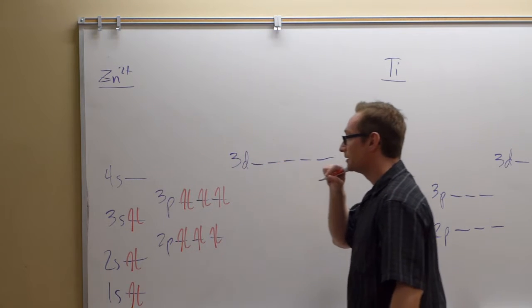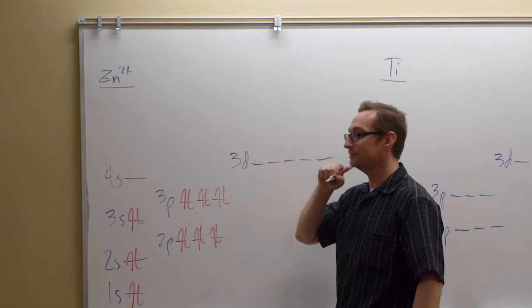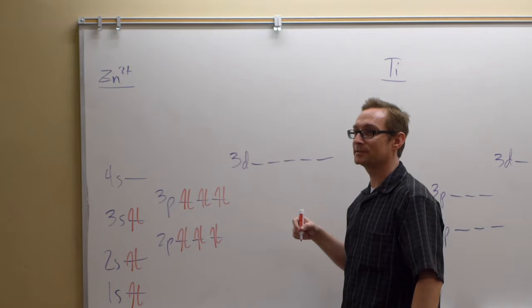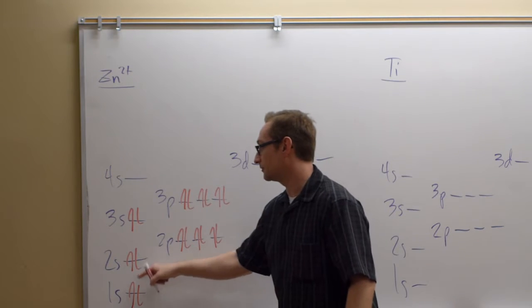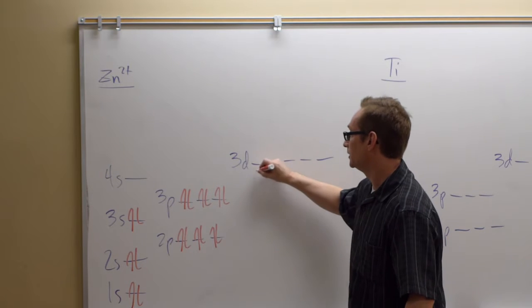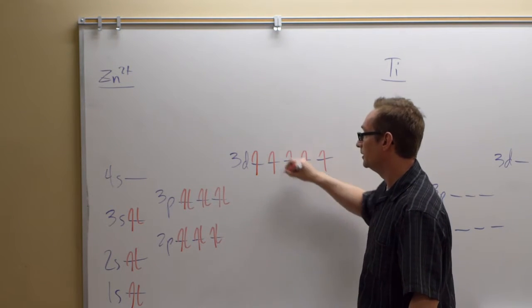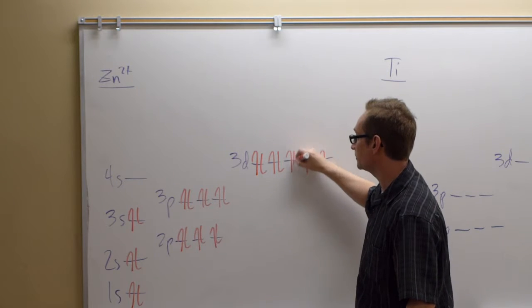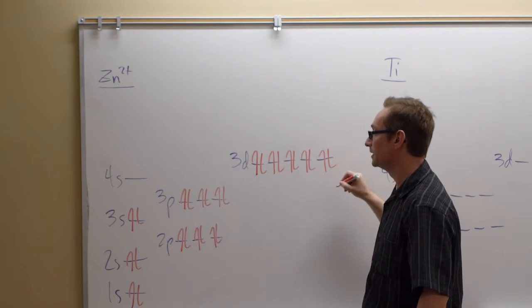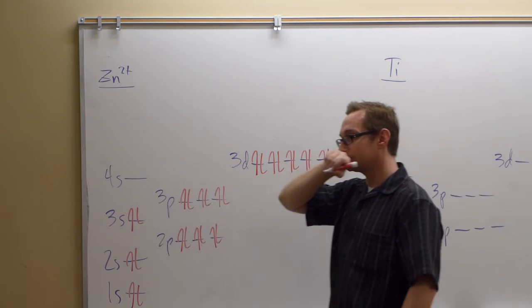How do we fill in here? Transition metal cation, we fill the d first, right? So we have 2, 4, 6, plus another 12, 18, 19, 20, up to 28. We don't have any more electrons to fill it.